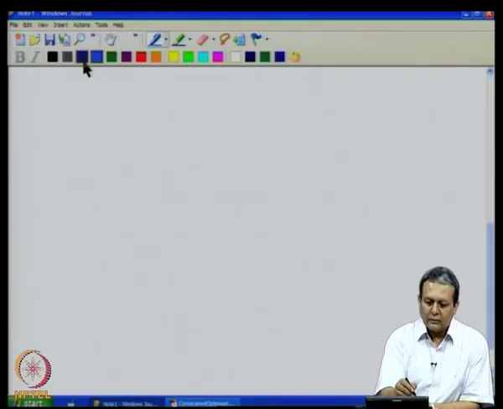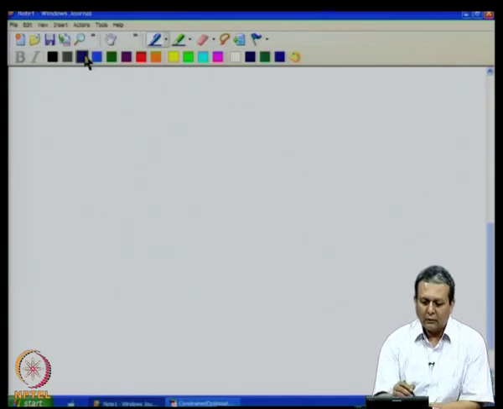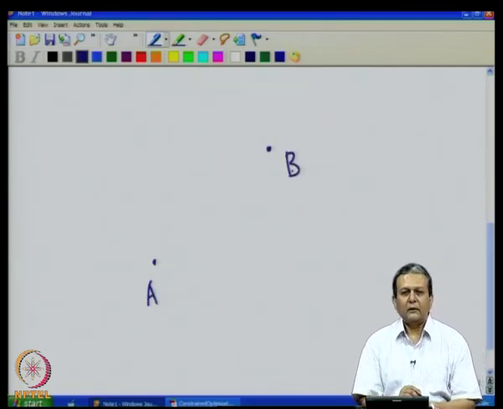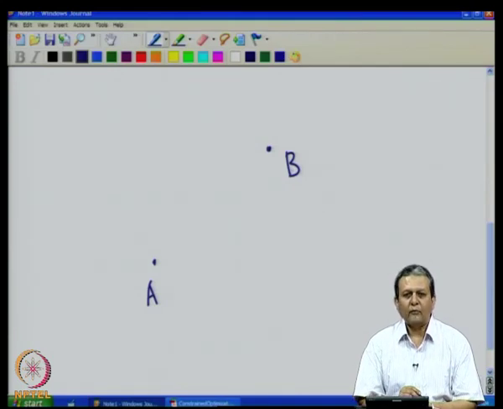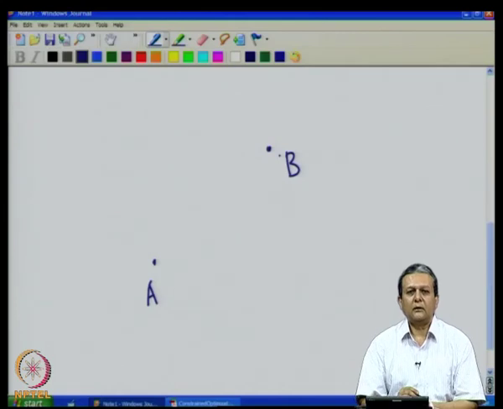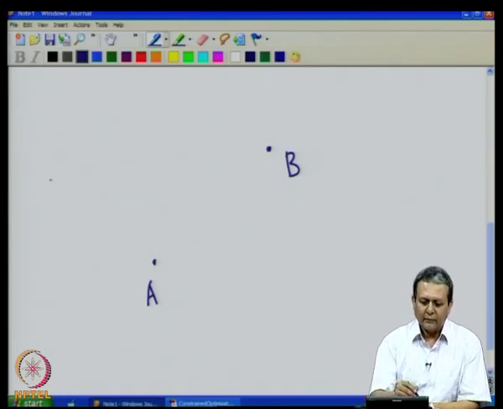So, suppose we want to go from one place to another place. Let us call these points A and B. Under the Euclidean norm, one can find a straight line path which minimizes the distance between the 2 points A and B. Now, suppose there is one constraint that we have to follow.